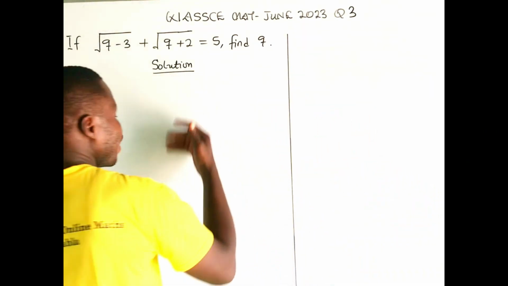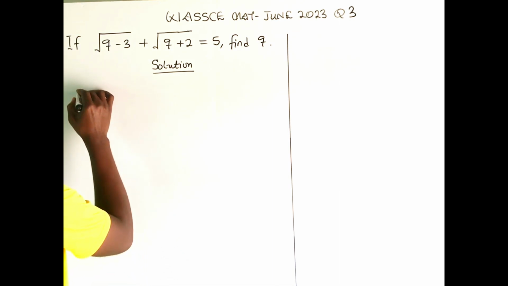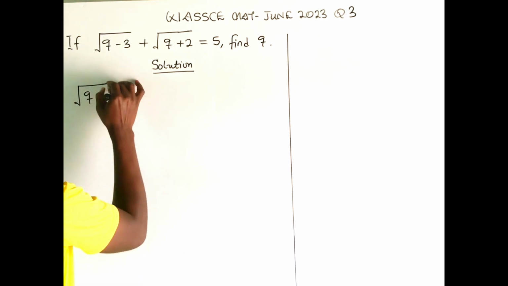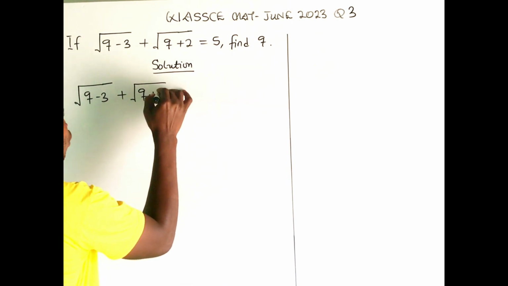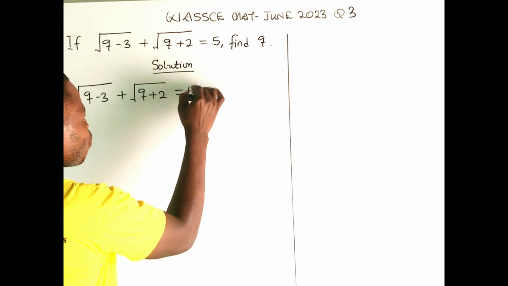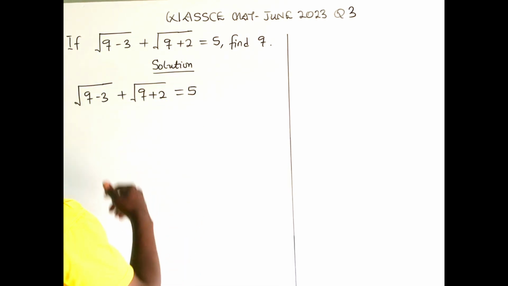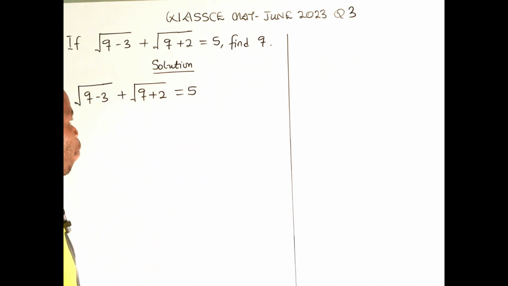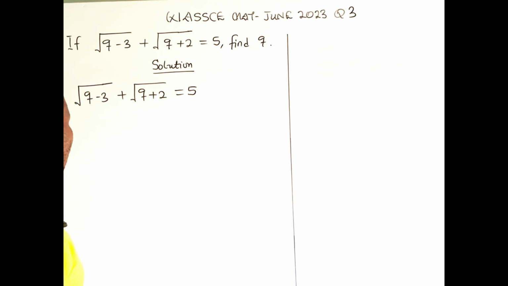So let me rewrite the equation so that we use the rules to solve it. I have square root of q minus 3 plus square root of q plus 2 is equal to 5. Then to solve this one, first I'll rearrange them by sending one of these values to go and join 5.